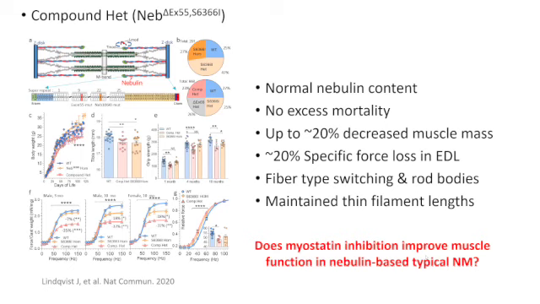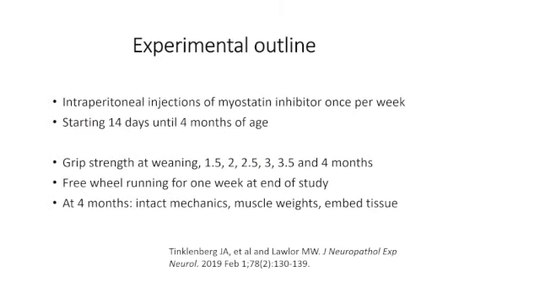We used an IP injection of myostatin inhibitor once per week, started at an early age, and then injected weekly until 4 months of age. And we followed the protocol published by Mike Lawler in the conditional knockout, where there was no mass and function gain.